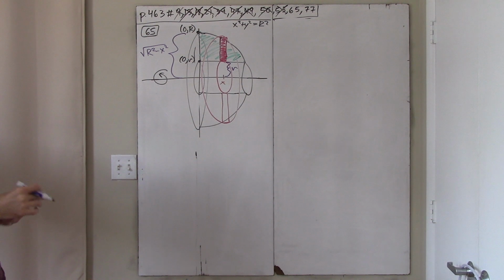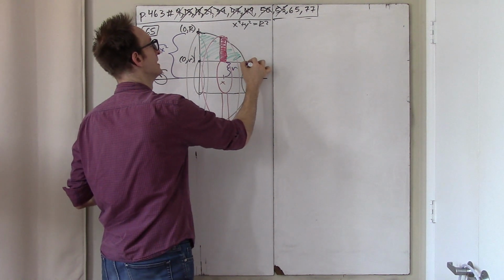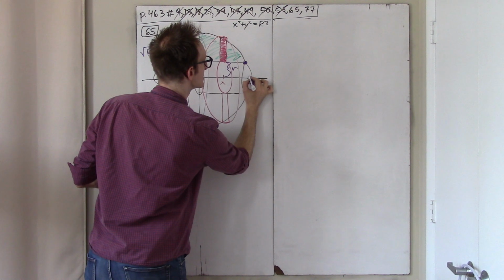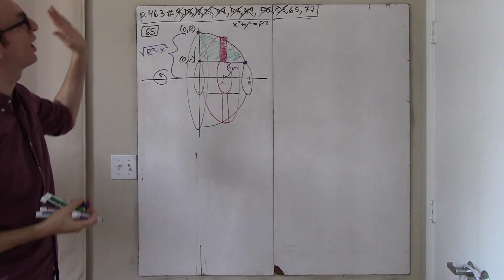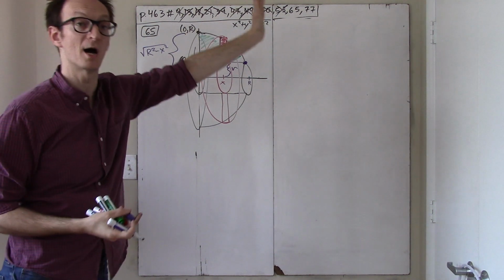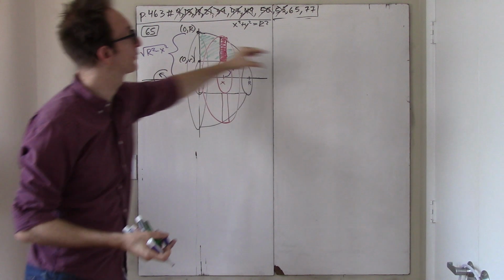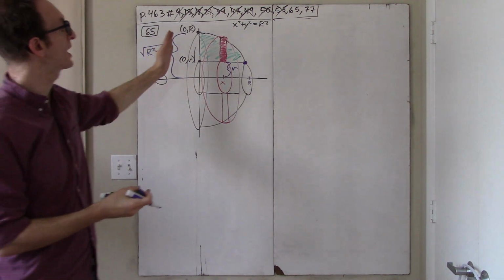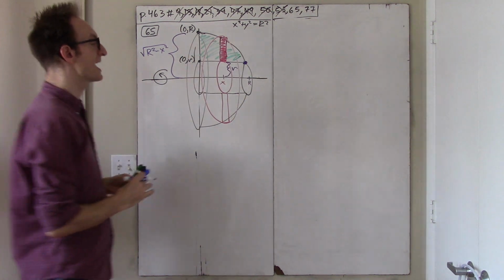And then I think the part that's a little bit subtle is that I really need to know this point over here, because I'm not integrating all the way to big R, because when I drilled through, I cut out some of my shape. So I'm going to integrate only from 0 to whatever that point is. And what is that point?